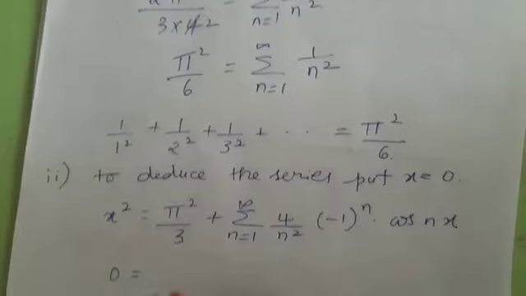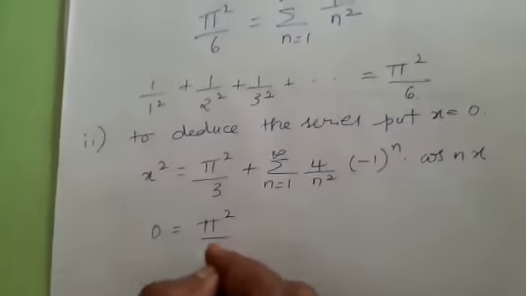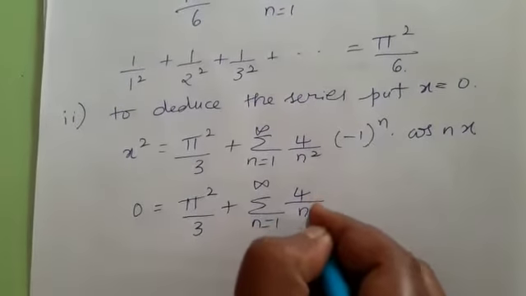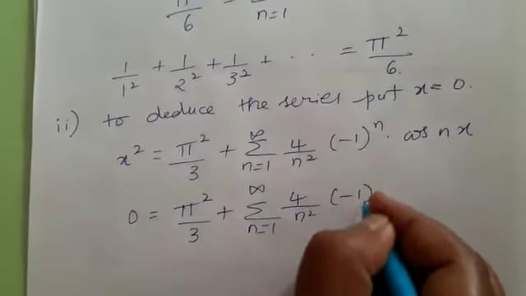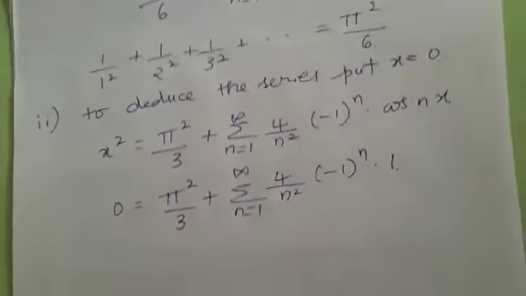So here it will be 0 is equal to π²/3 plus summation n equals 1 to infinity 4/n² (-1)^n into cos 0, which becomes 1.